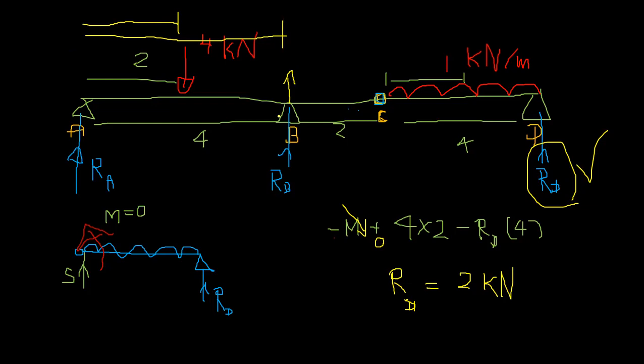X, this is x less than 2. If it is x distance, x less than 2. This is x greater than 2 and less than 4, right? So this is up to hinge, right? X is greater than 4 but less than 6. X is measured from this end, right?